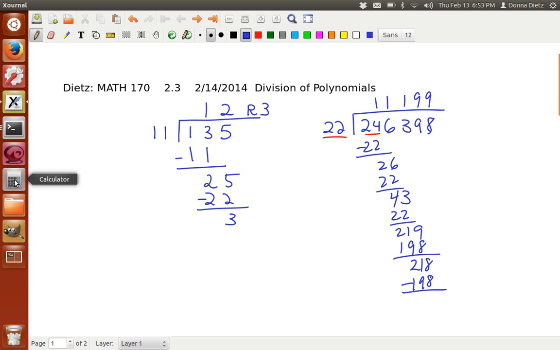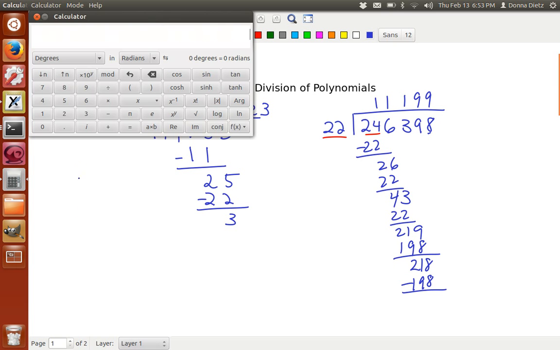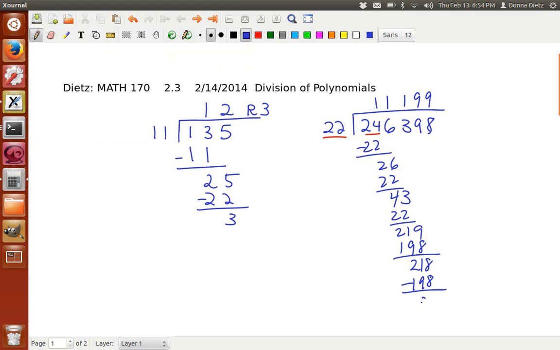So 218 minus 198 gives us 20. So it's going to be remainder 20.